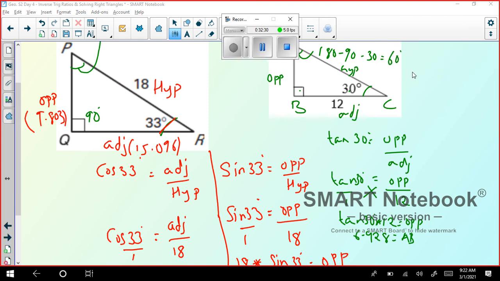So cos 30 equals adjacent over hypotenuse. Now substitute, not cos 30, but substitute only this part. I have 12, but I don't have the value of hypotenuse. So keep as is.